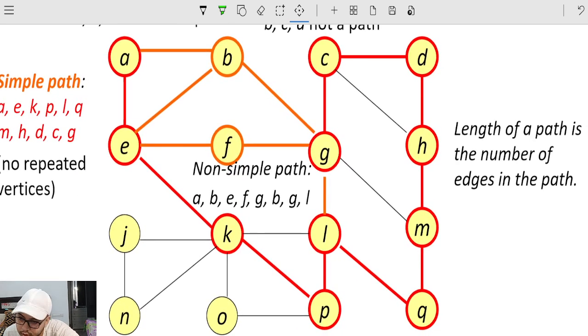The length of a path is the number of edges in the path.